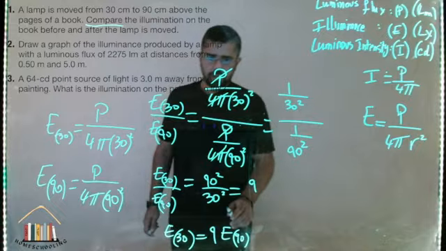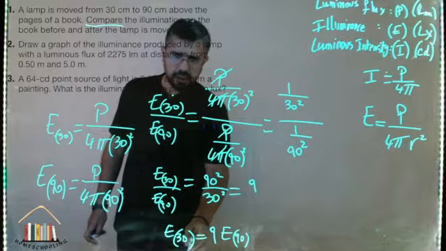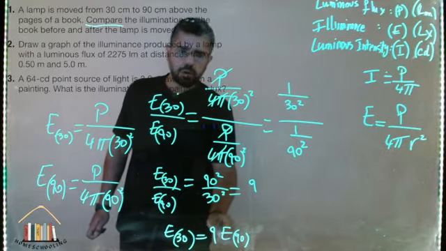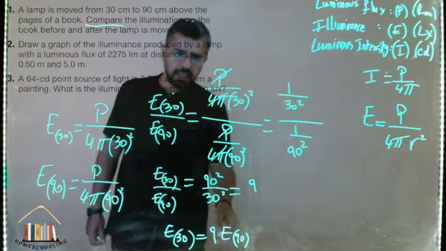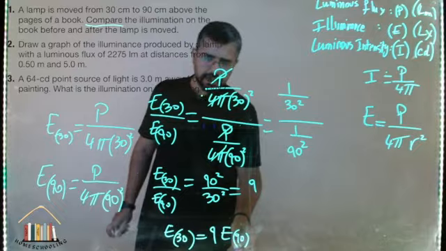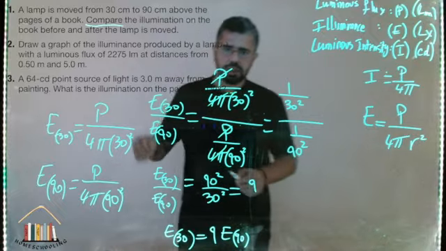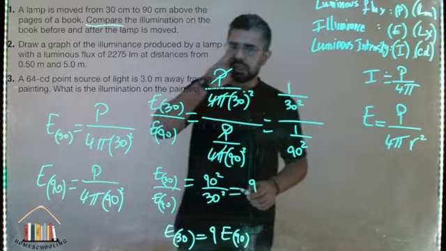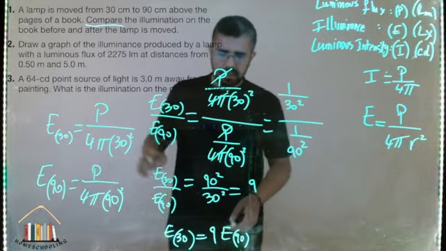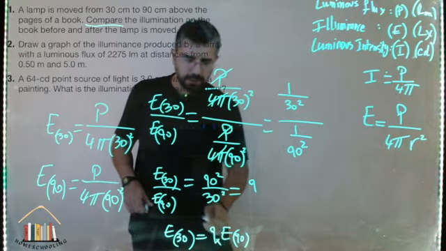This means that the illumination at 30 centimeters is 9 times more powerful than the illumination at 90 centimeters. We just moved it from 30 centimeters to 90 centimeters, so the difference is 60 centimeters, but in terms of illumination, it's 9 times more powerful.